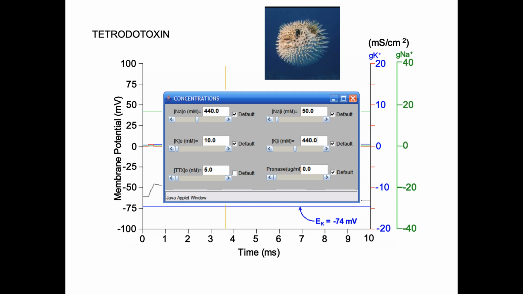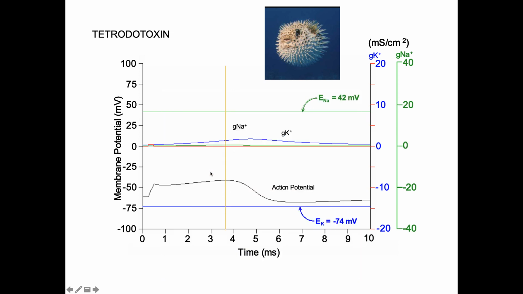So what do you think is going to happen to the action potential waveform if you add tetrodotoxin? And I'm talking, this is potent stuff, 5 nanomolar. What's going to happen? We're running out of time, so I'll just tell you. It completely inhibits the action potential waveform.